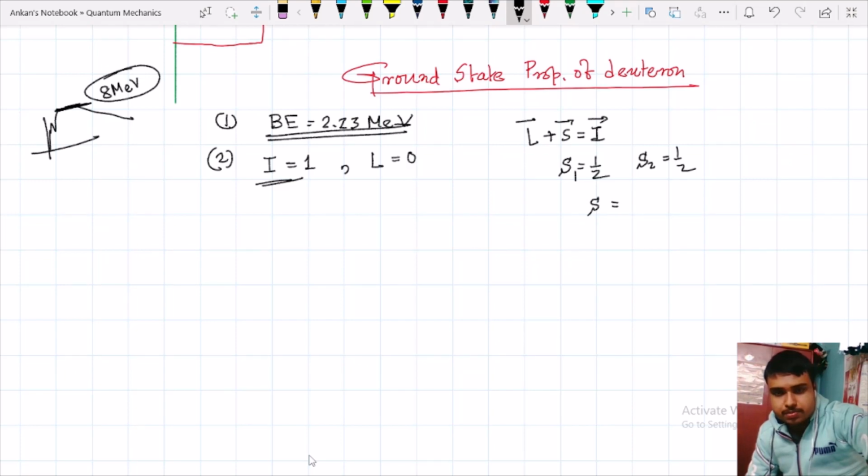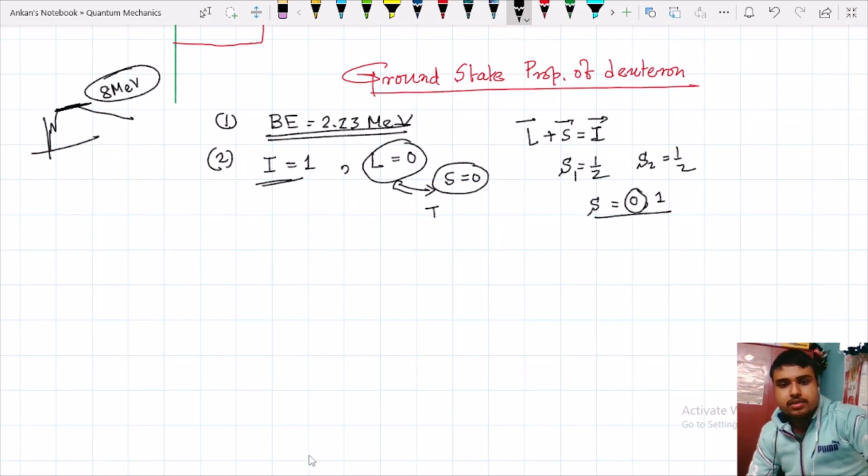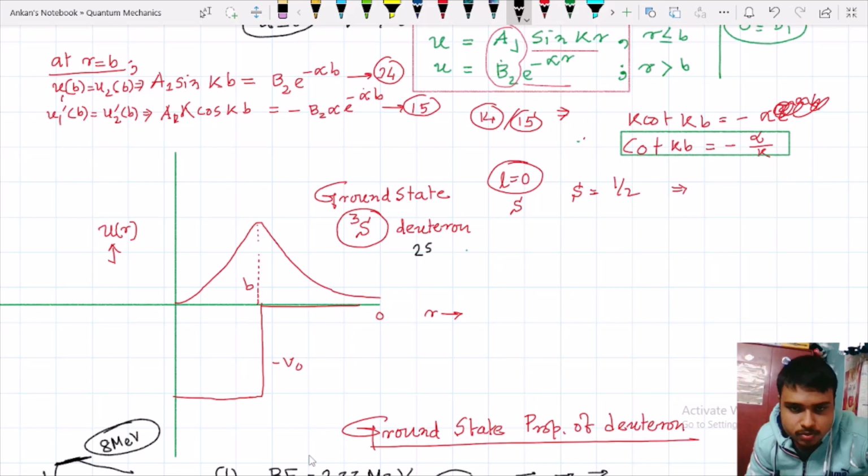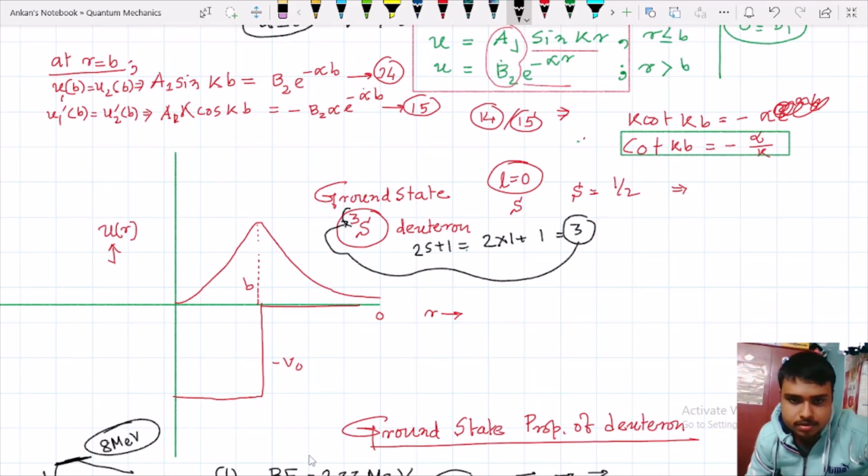If we take the spin coupling, then this will have the value 0 or 1. If we take S equal to 0, L is already 0, so the total angular momentum must be 0. But this is not the actual case. The total angular momentum is 1. So S equal to 0 is not taken; S equal to 1 is taken only. Since S is equal to 1, the multiplicity must be 2S plus 1, that is 2 into 1 plus 1, which is nothing but 3.